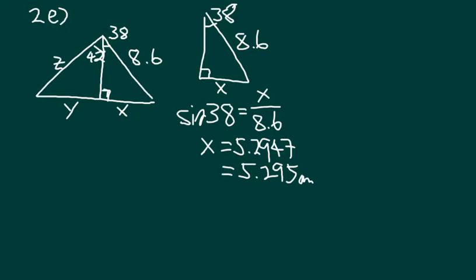The next thing I'm going to do is, it's a little bit strange. I'm just going to call this side here, this long length here, I'm going to call that h. I labeled here as well, that's h. Using Pythagoras theorem, again I want to skip the steps, but I'm going to use Pythagoras theorem with 8.6 and x. I'm going to find h.